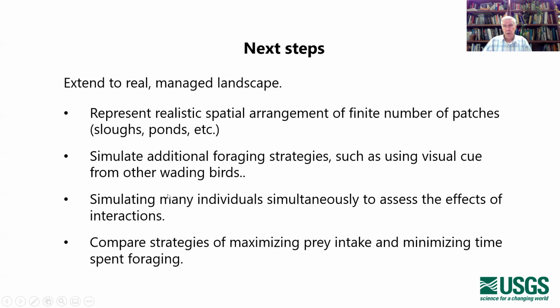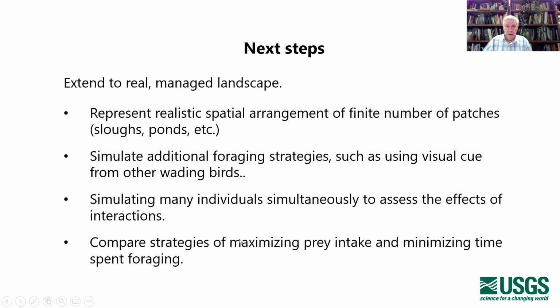And we'd like to be able to predict distributions of wading birds across a landscape. They may not all cluster in the same patches. They probably distribute to some extent. And it may depend on the individual personalities of the wading birds as to whether they're very good cue followers or like to go off on their own.